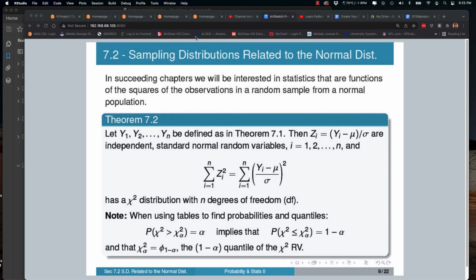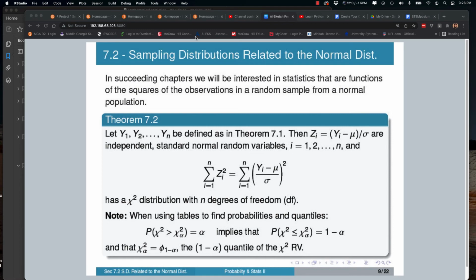So if we took that z, the formula for the standard normal distribution, and we square it, we all of a sudden get a chi-square distribution. We kind of saw that in chapter 6, section 6.5. If we sum up the z sub i squared terms from 1 to n, it's equivalent to summing the quantity y sub i minus mu over sigma, squared.